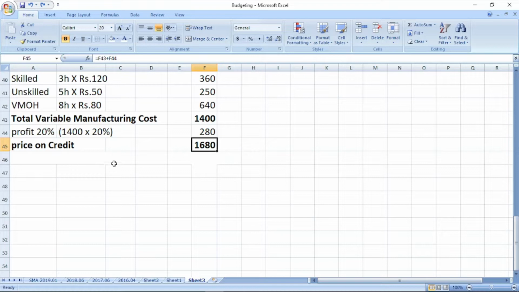For cash sales, they give 10% discount. So how do we get the price? The discount is 10%, so 100 minus 10 is 90%. The price 1680 into 90% is 1512.